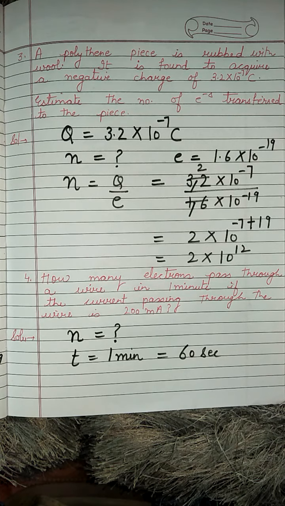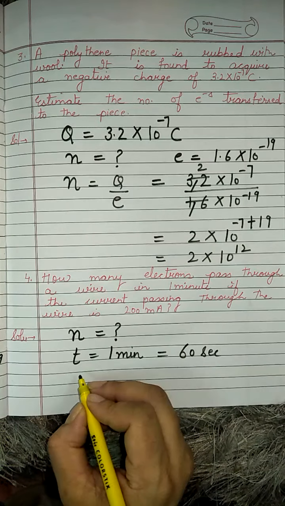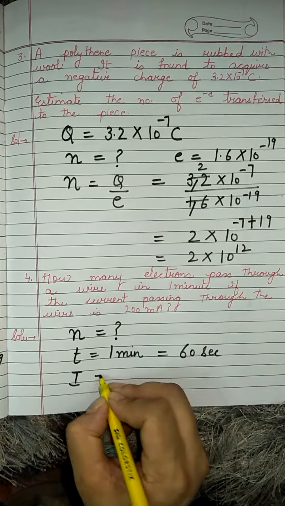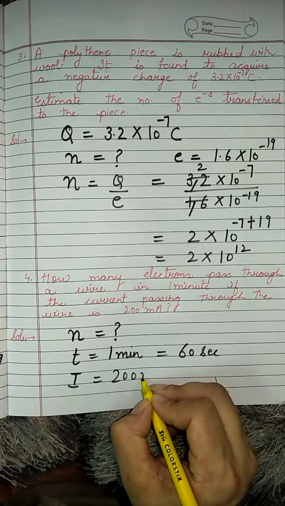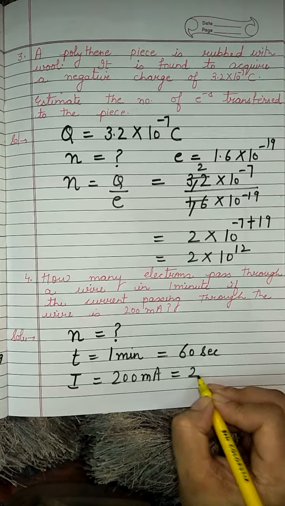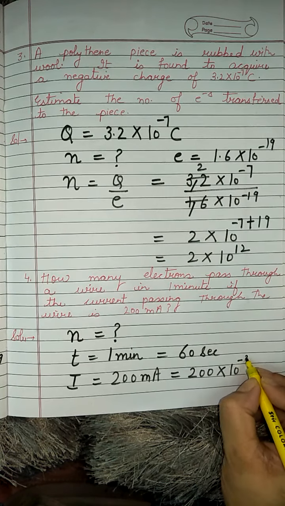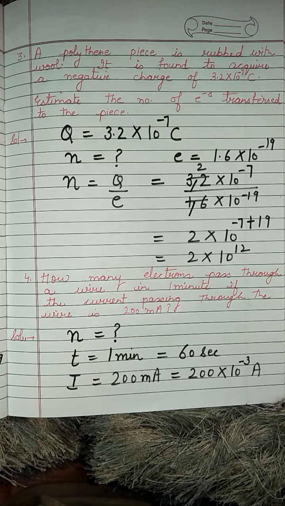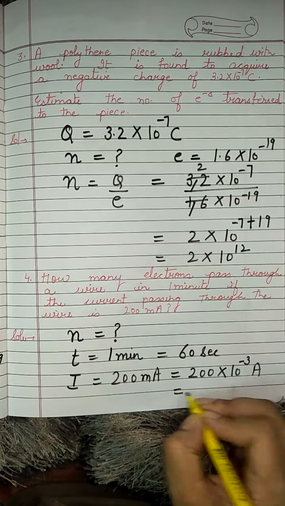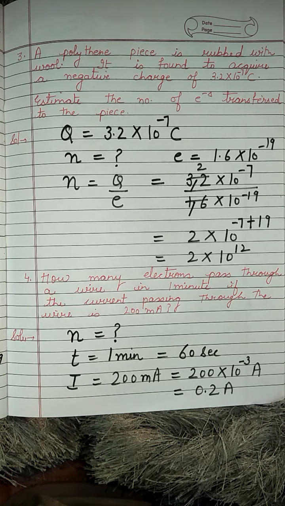If the current passing through it, I, is 200 milliampere. We have discussed the smaller unit. It will be 200 multiplied by 10 raised to power minus 3 amperes, or we can also write it as 0.2 ampere.